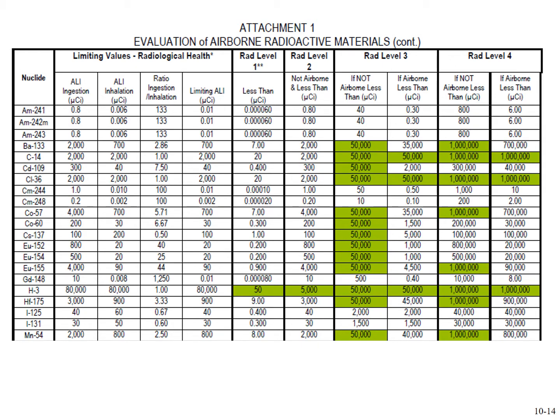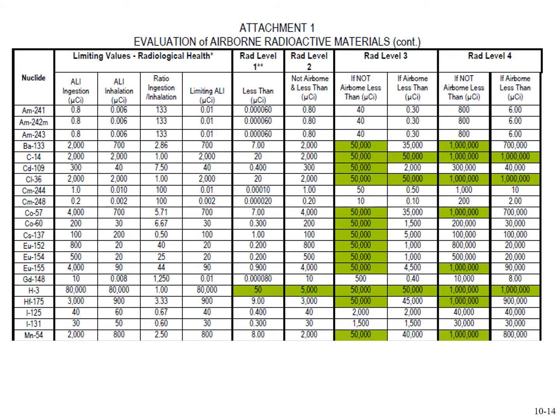Data is also shown here for radionuclides that we frequently work with, the ALI ingestion level, ALI inhalation level, and then the rad levels associated with a given activity, and the activity is listed in microcuries. And you can have rad safety 1, 2, 3, whether it's airborne or not, and rad level 4, whether it's airborne or not.